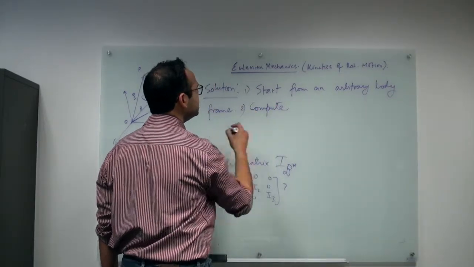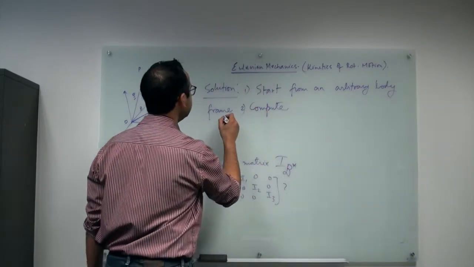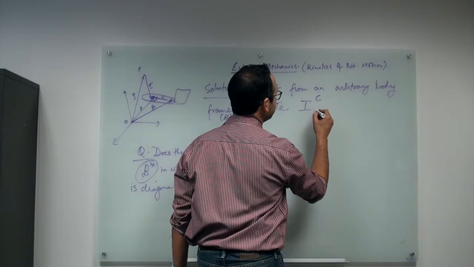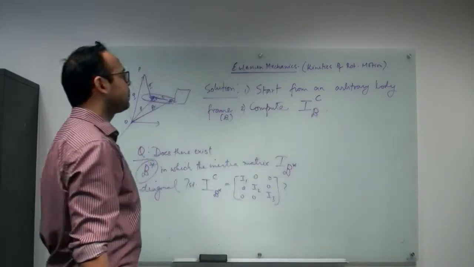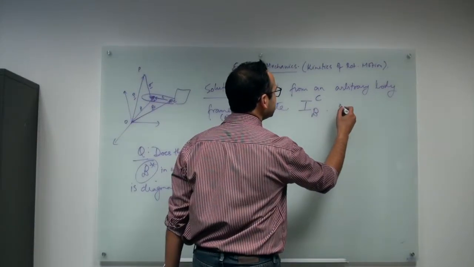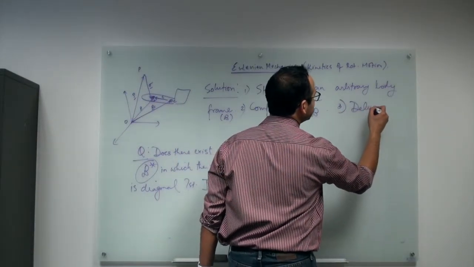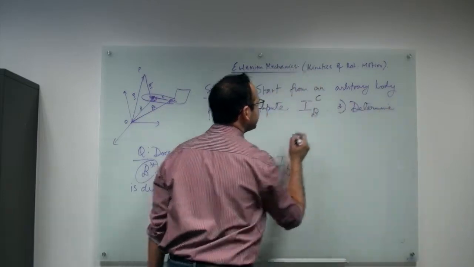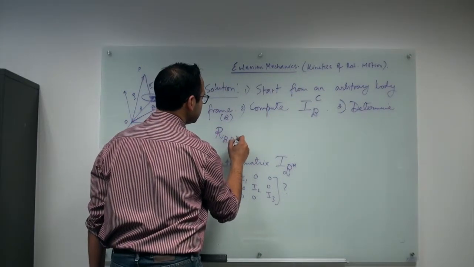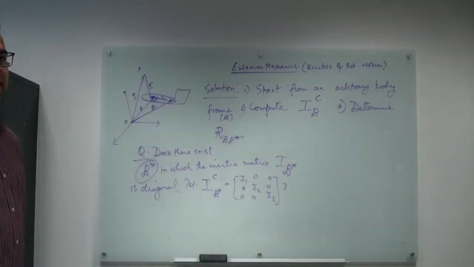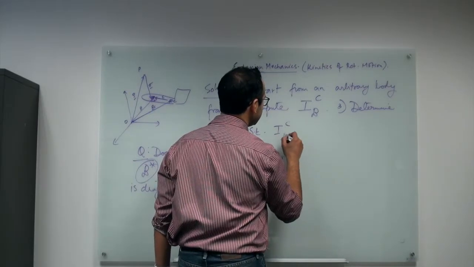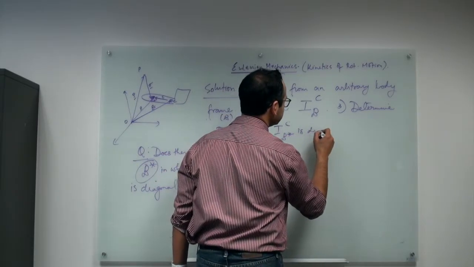So that's steps 1 and 2: call this B, compute the inertia matrix from point C expressed in B. And now step 3 is determine the transformation, the rotation matrix from B to B star, such that IC B star is diagonal.